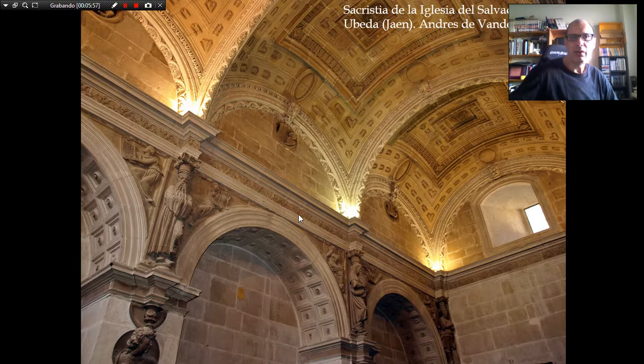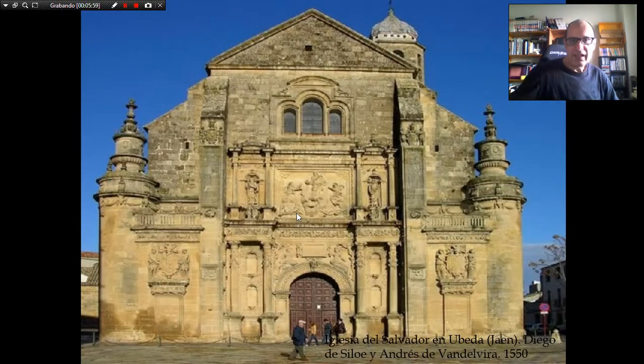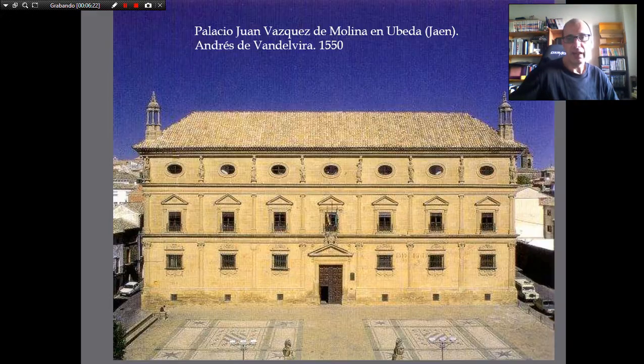Okay, this is the church outside, and this is what we have outside. Well, nothing special. This is the main facade. Diego de Siloé normally uses a middle point arch, and over this arch we have figures of women, angels, or something like this. This structure we will see the same in the Cathedral of Granada.